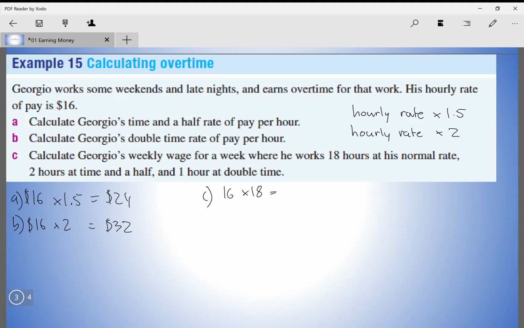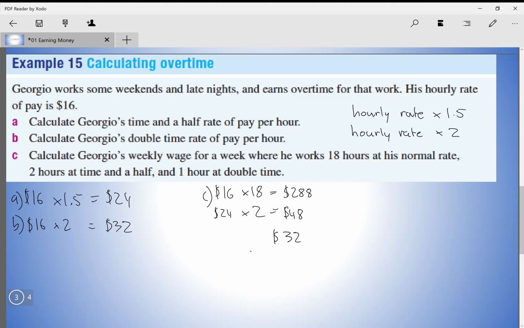If we put that into our calculator, that's $288. So 2 hours, now we need his time and a half rate, $24, times 2 hours at that rate, which is $48. And then 1 hour at double time, which is just going to be $32.